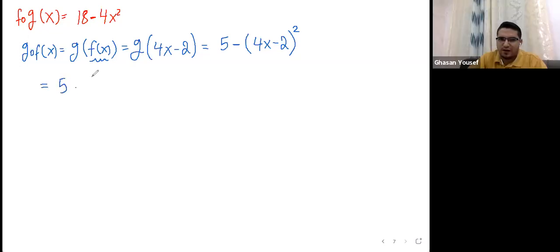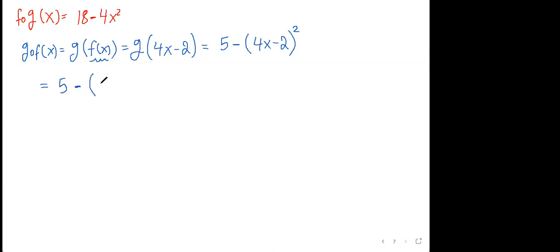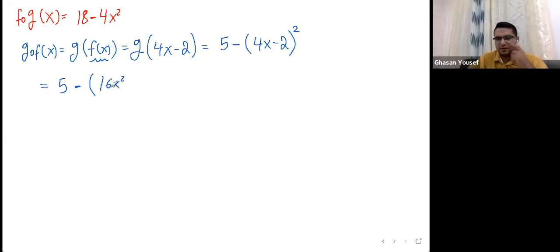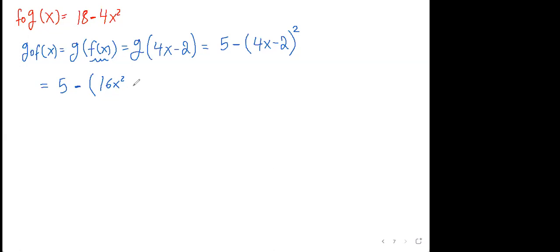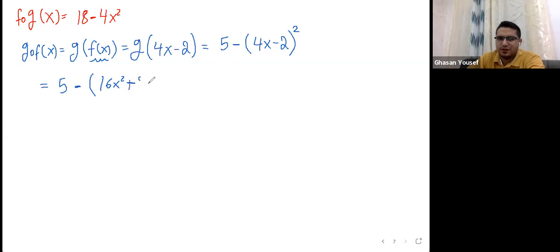Okay, so how can we simplify 4x squared? 4x squared would be 16x squared. And then it would be negative, and then 4, since 2 squared is 4. We have negative 2 squared is positive 4.